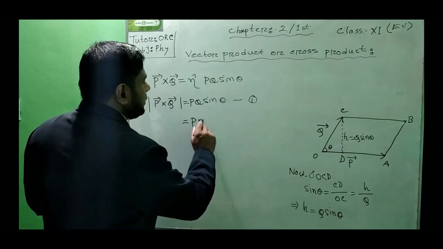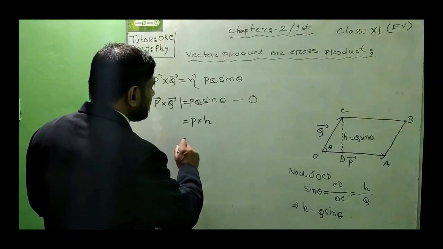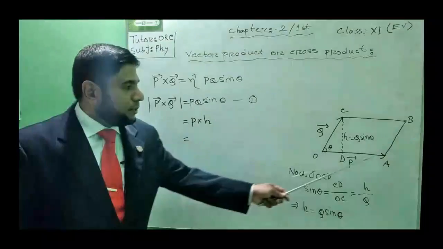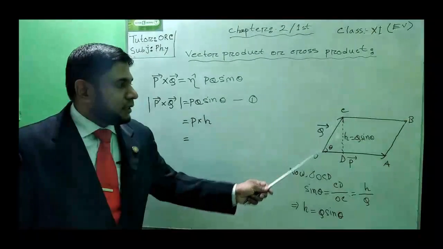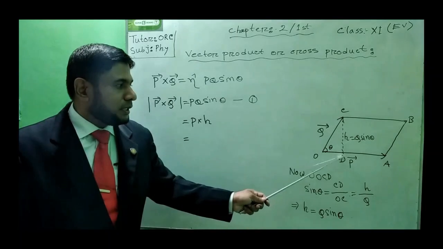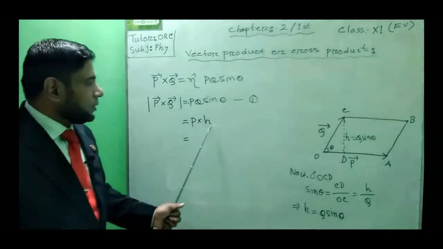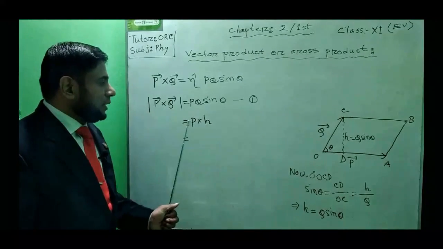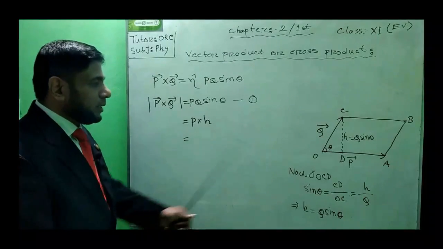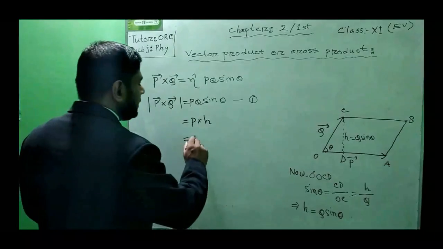So P into H: the base of the parallelogram times the height drawn from the opposite point C on base P. This is base into height of a parallelogram, which indicates the area of that parallelogram.